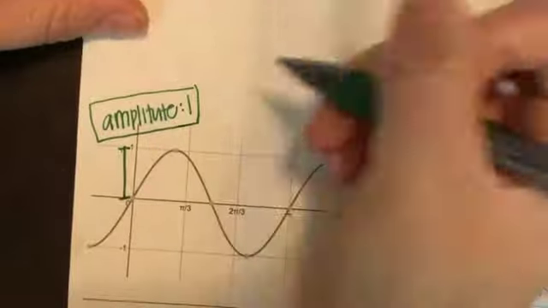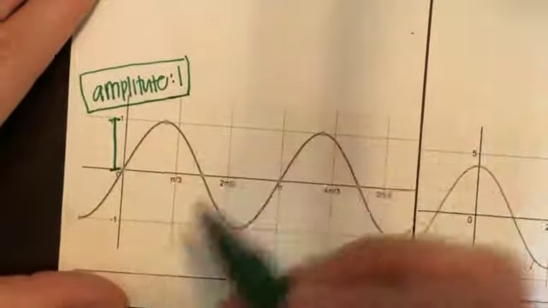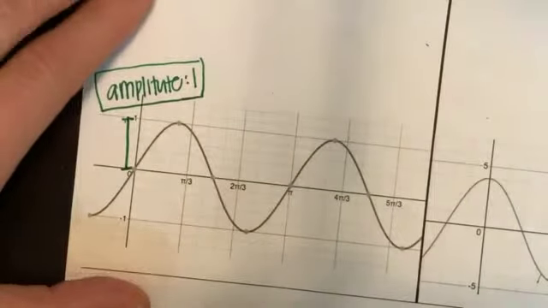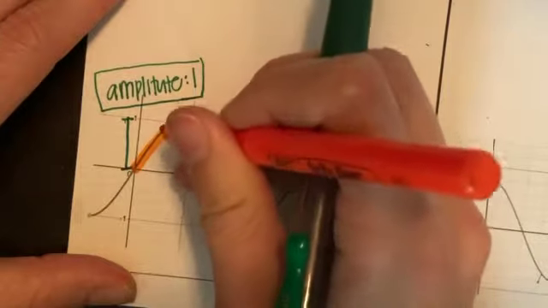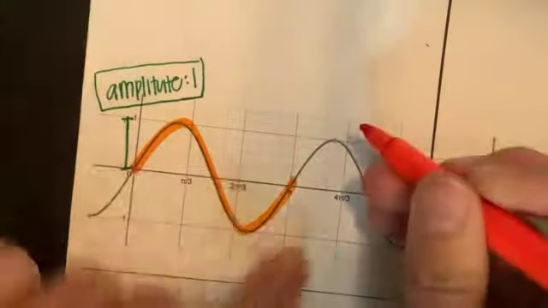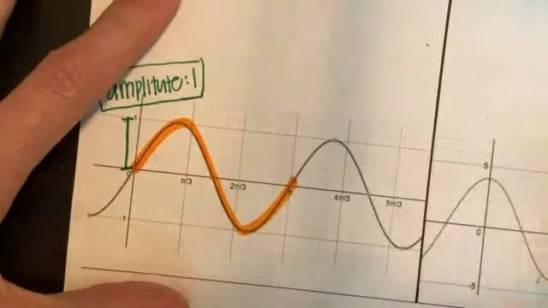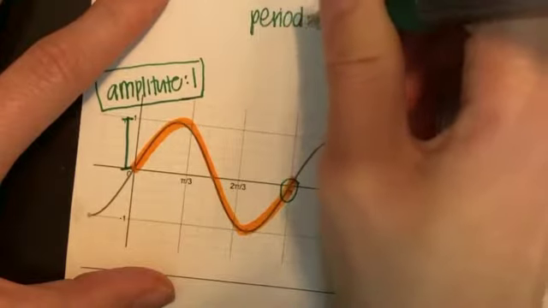That's going to be part of my answer. And then the period, I'm going to look to see where this goes. So hopefully we're seeing that this is our sine graph because it's going through 0, 0. 1, 2, 3, and then 4. It's ending at pi. So my period then would be pi.